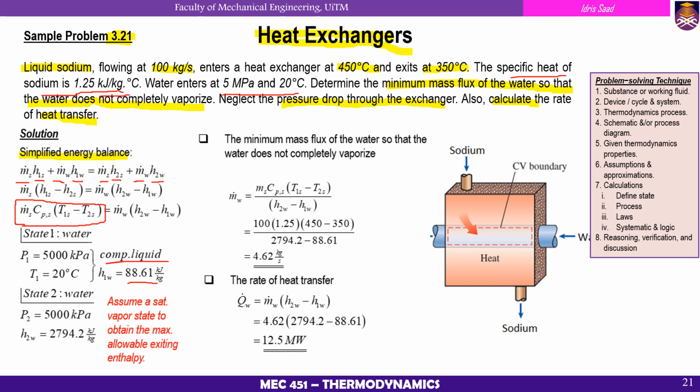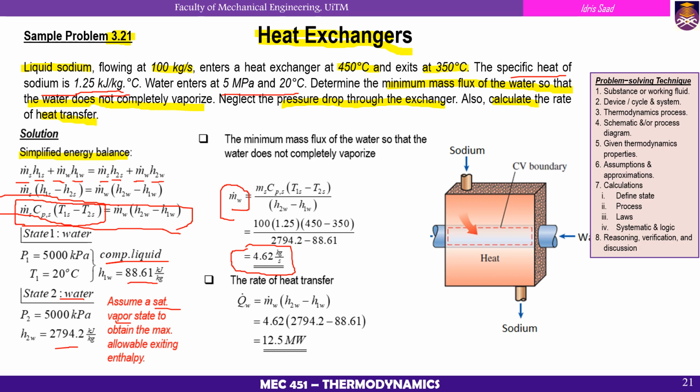For state 2, we don't want it completely vaporized, so we assume saturated vapor. We get 2794.2. Then we rearrange this equation to get the mass flow rate of the water, which is equal to 4.62 kilograms per second.